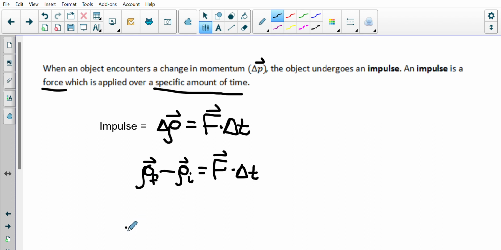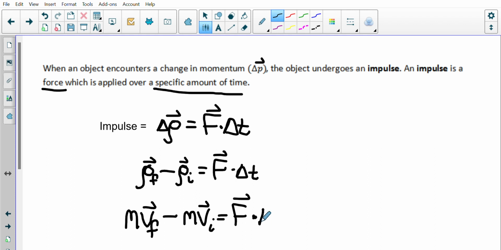The final momentum would be the mass times the final velocity, and the same thing with our initial momentum: the mass times the initial velocity. So that is another way to figure out an impulse, a change in momentum, and it is equal to our force times delta t. Basically we've got three formulas that are all the same but can be expressed differently. All right, now let's try a couple questions.